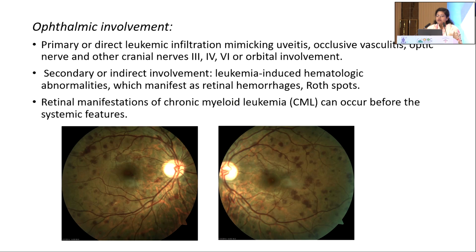Ophthalmic involvement is of two types. One is primary direct infiltration that can mimic uveitis, like vitritis, choroiditis, retinitis, occlusive vasculitis, optic nerve infiltration, and also infiltration of other cranial nerves as well as the orbit. The other is a secondary indirect effect which manifests due to hematological abnormalities, including anemia, and manifests as hemorrhages and Roth spots. Retinal manifestations can occur before systemic manifestations also, so the role of ophthalmology in diagnosing this condition is very important.